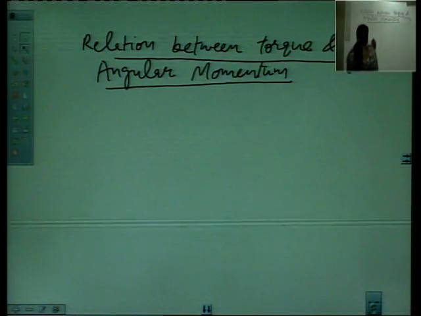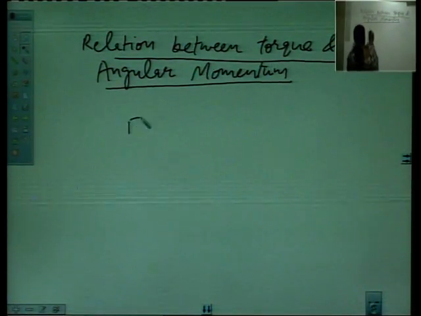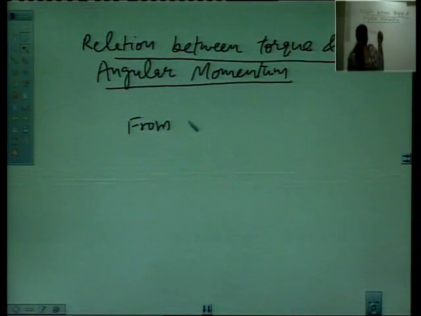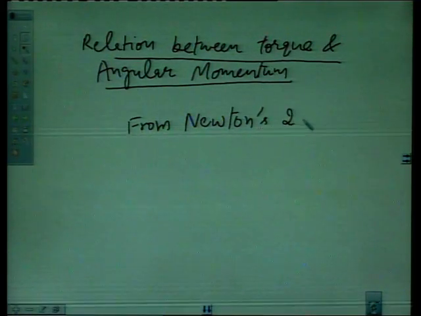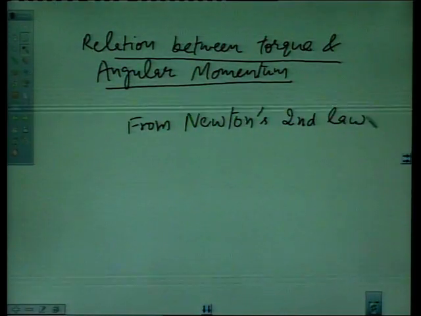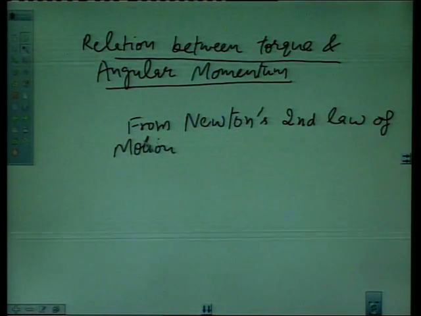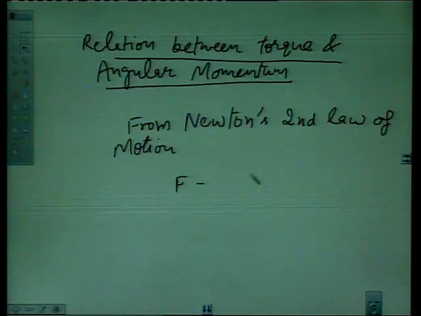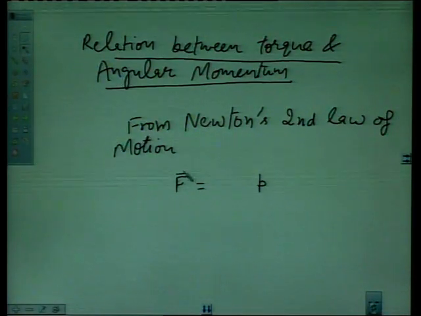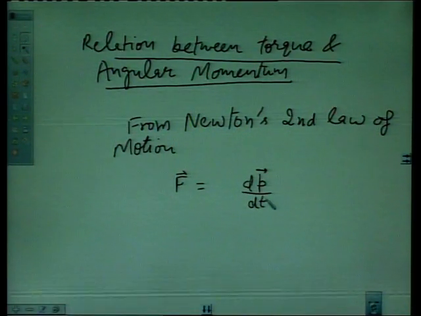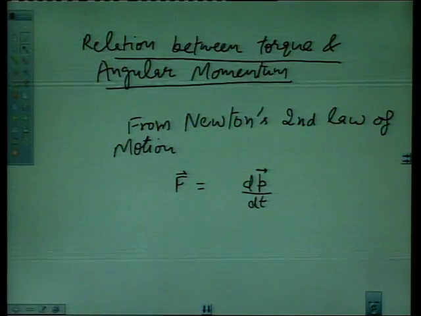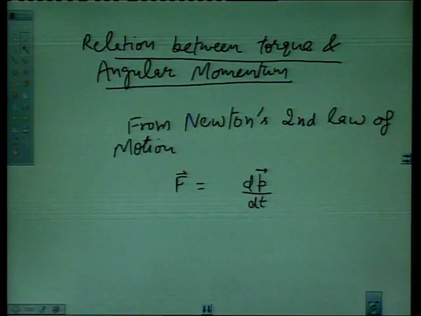From Newton's second law of motion, we have relation between force and linear momentum P. The force is defined as the rate of change of linear momentum with respect to time, means whenever the linear momentum is changing with the time, that change is given by force.